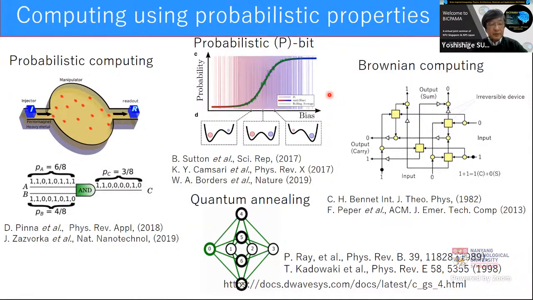The probabilistic computing includes several methods. The first one is literally the probabilistic computing. The probabilistic numbers replace complex calculation tasks by simpler operation. Here it shows the probabilistic numbers 6/8 and 4/8. If we do the AND calculation for those bits, we get 3/8.